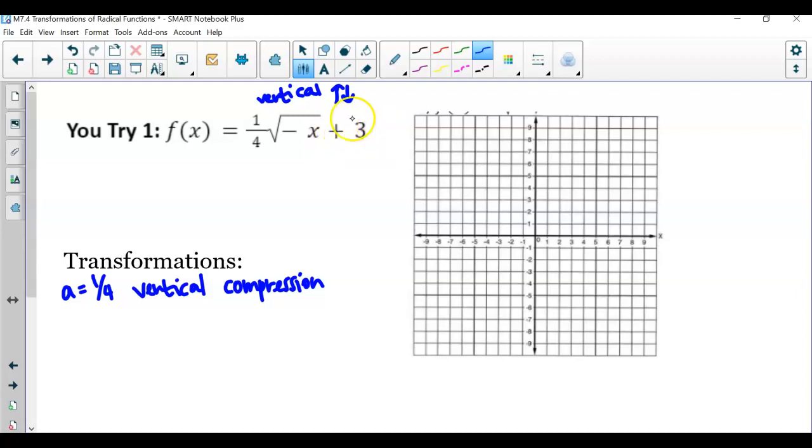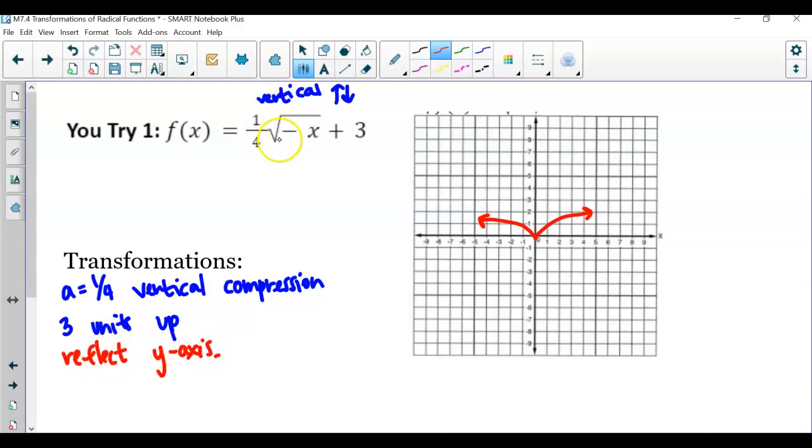But here, again, the +3 on the outside means we move 3 units up. Then the negative is now on the inside. Think about it like horizontal. So if I were flipping horizontally, that means we flip over the y-axis. So reflect over the y-axis.